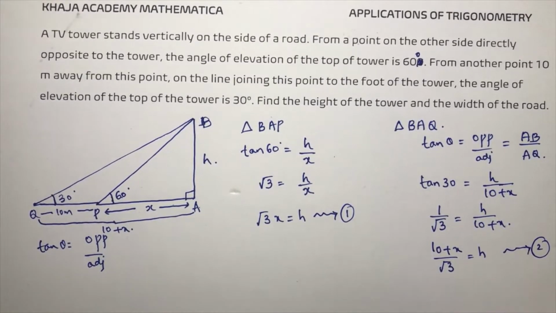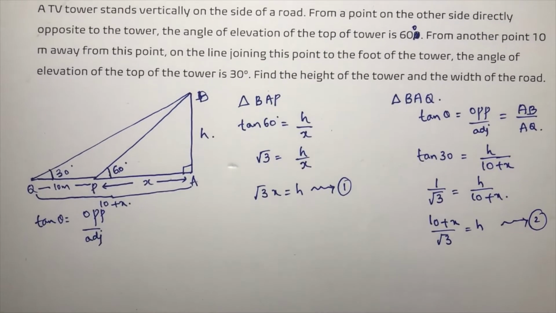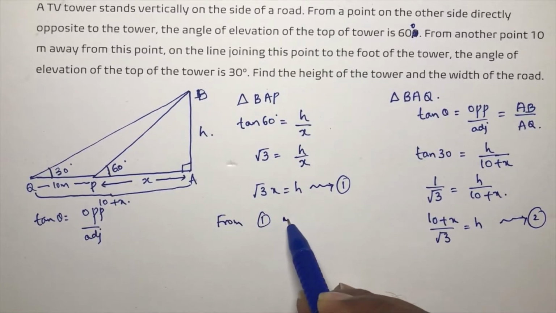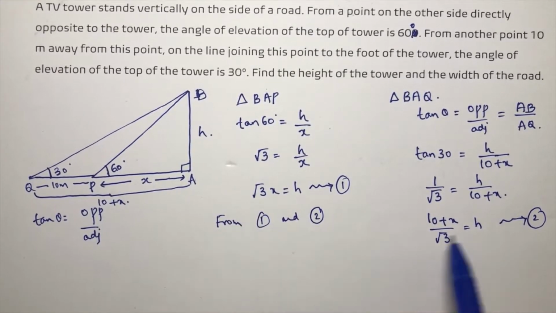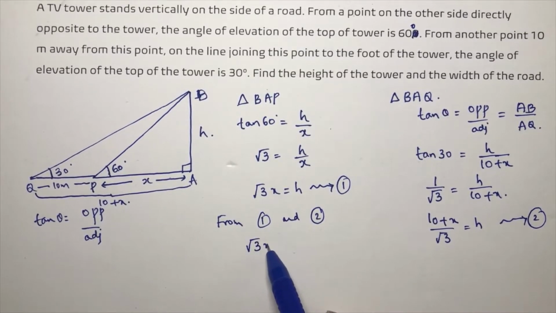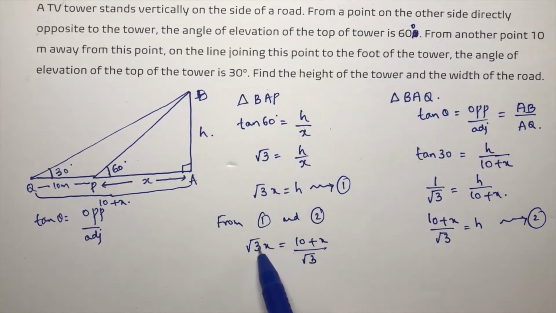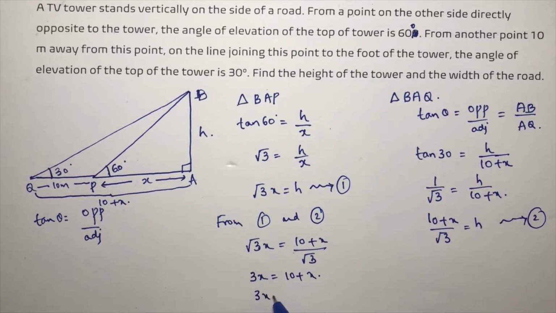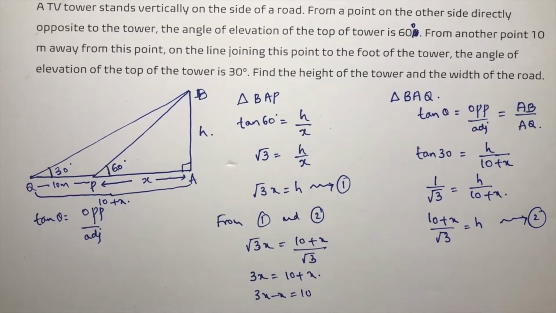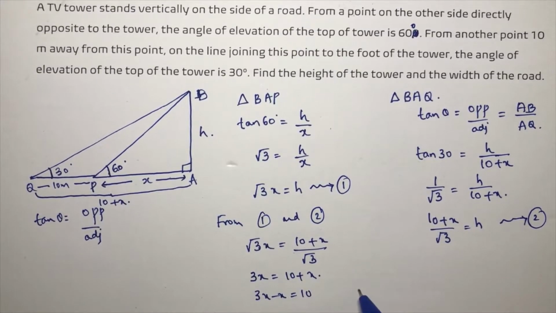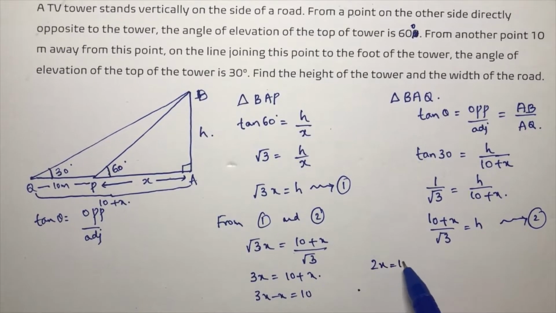From these two equations, equation 1 and equation 2, h equals, so I'll equate root 3x equals 10 plus x by root 3. Root 3 into root 3 is 3, so 3x equals 10 plus x. 3x minus x equals 10, so you'll get 2x equals 10.